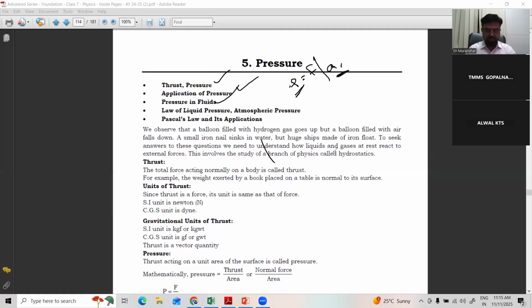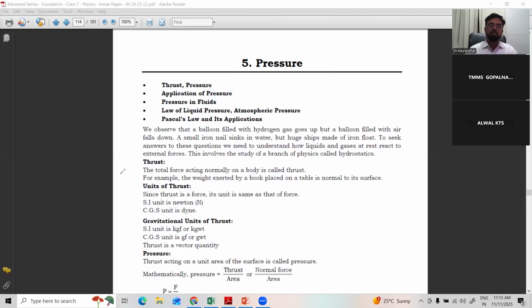That is as per Pascal's law. Pascal's law states that pressure exerted by a liquid is the same in all directions. The example I told already: fill a balloon with water and make holes at different levels. From every level, we can find that the water comes out with the same pressure.